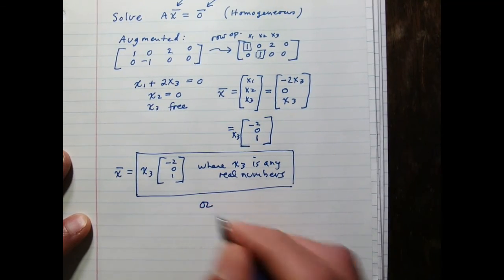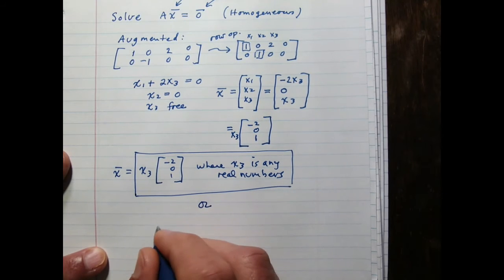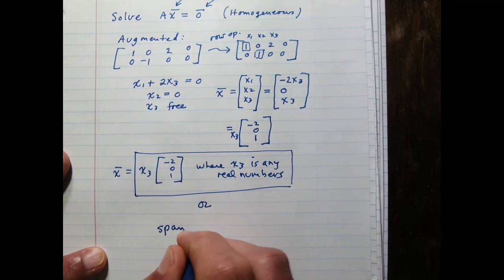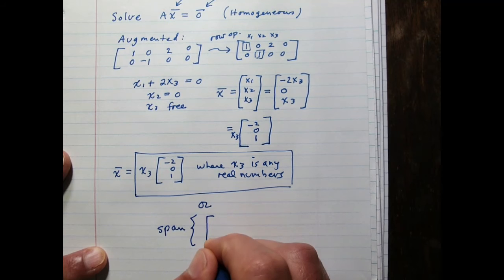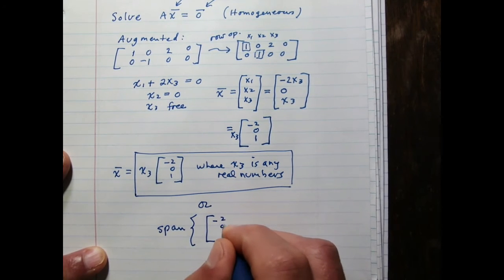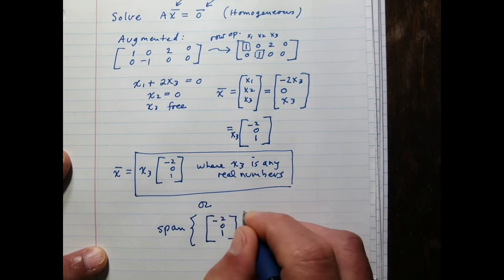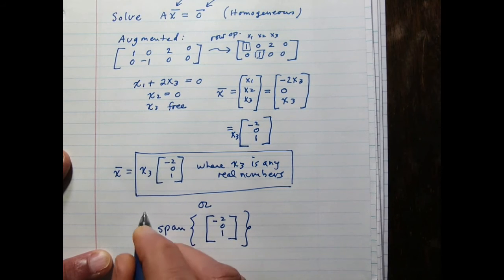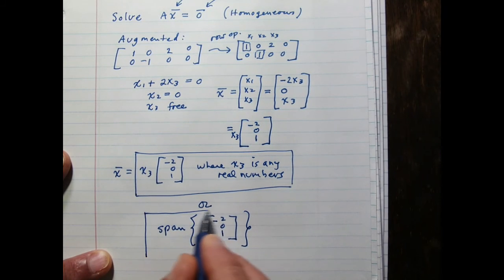Or, if you want to be fancy about it, you can say we're looking at the span of a set containing just one vector. That means all scalar multiples of that vector, negative 2, 0, 1.